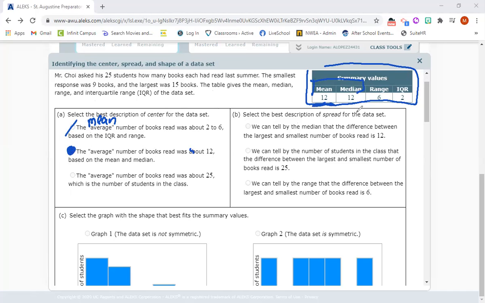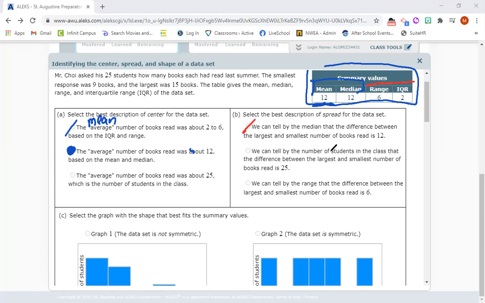Select the best descriptor of the spread of the data set. Remember, spread, we want to look at range and interquartile range. So first one, we can tell by the median. I already know this one's wrong because I'm talking about spread and they're talking about the median, which tells me about the center. So I'm already going to cross it off.